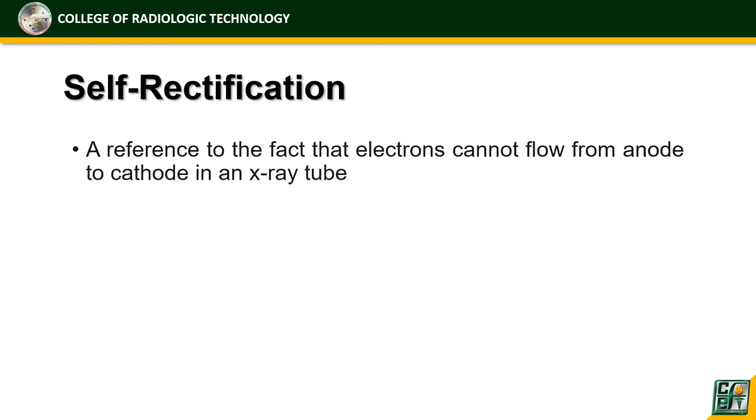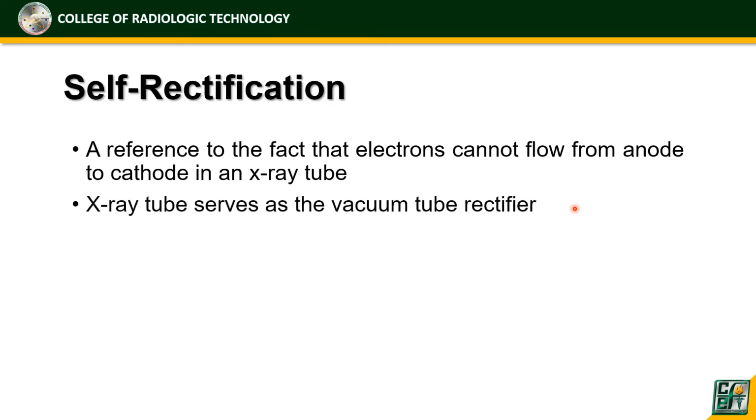First, self-rectification, in reference to the fact that electrons cannot flow from anode to cathode in an X-ray tube. So the X-ray tube serves as the vacuum tube rectifier, meaning the X-ray tube acts as its own rectifier.